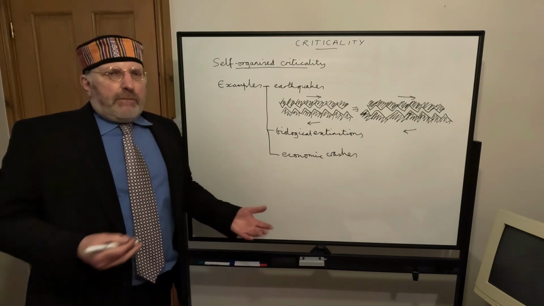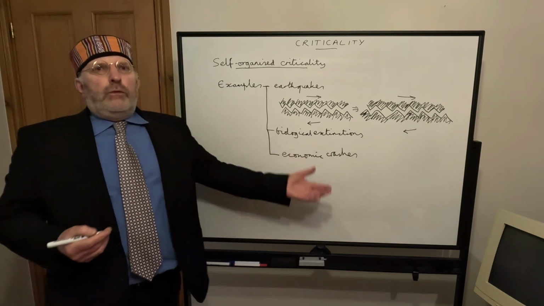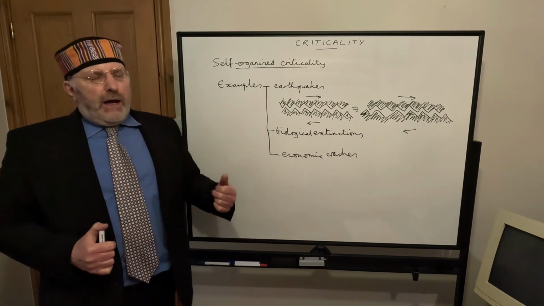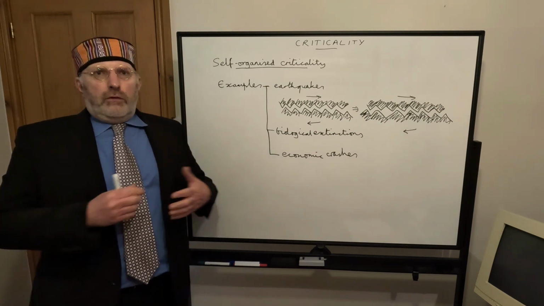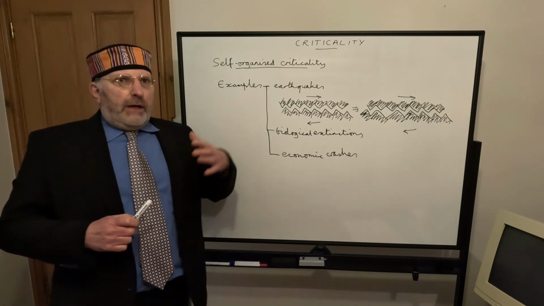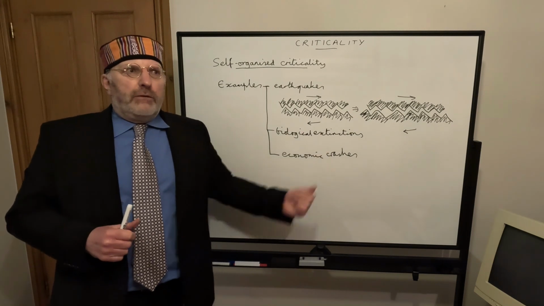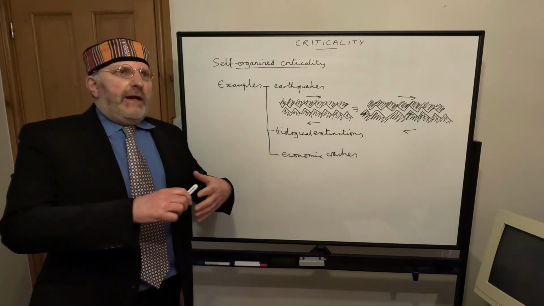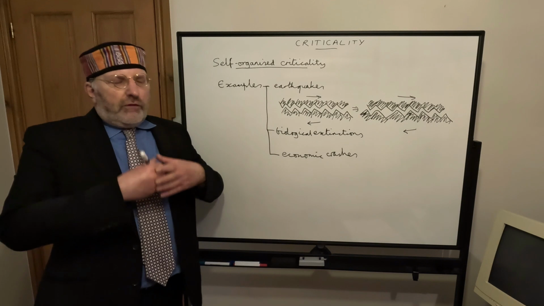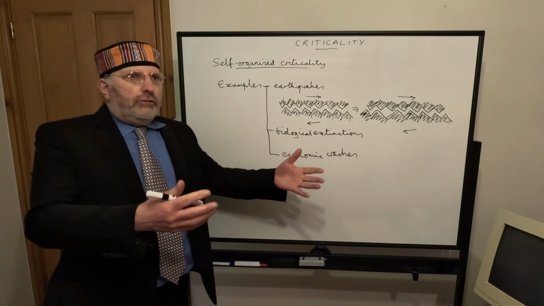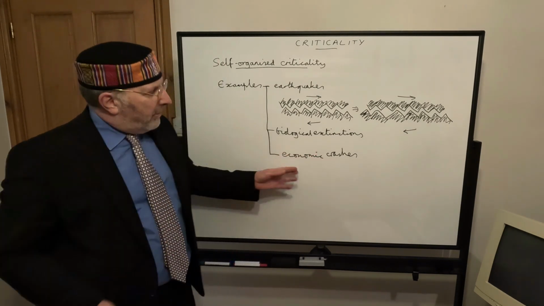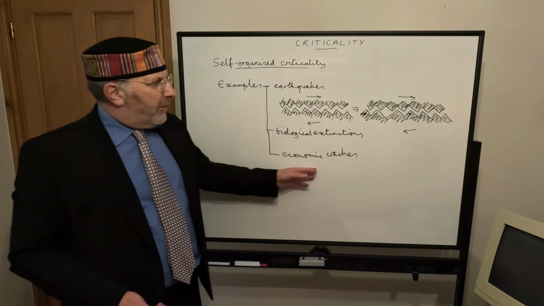So businesses are going out of business all the time, and most of the time that will just be absorbed. But occasionally a particular business going out of business may cause problems for its suppliers. You know, they depended on it for custom, and so might just cause another business to go bankrupt, and then the bankruptcy of that business then affects other businesses. And so yet again, like the biological extinctions, you could possibly kick off a whole chain reaction that causes a large number of businesses to go bankrupt, and you end up with a huge economic crash.